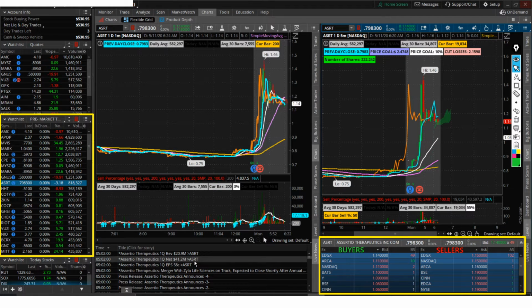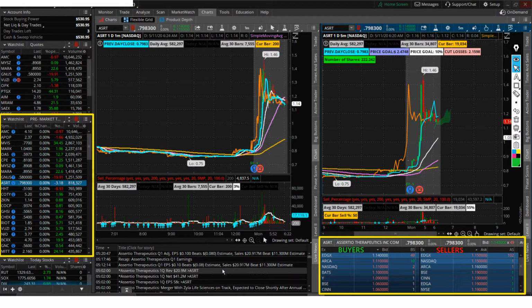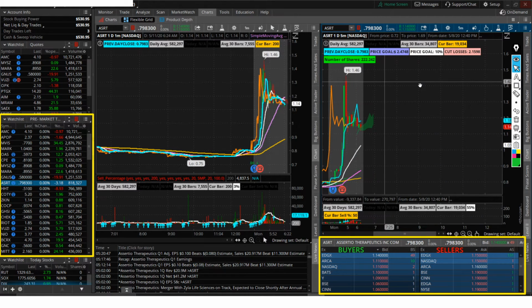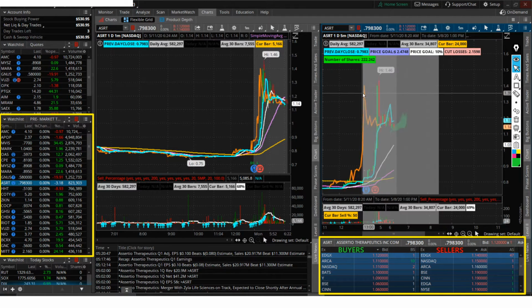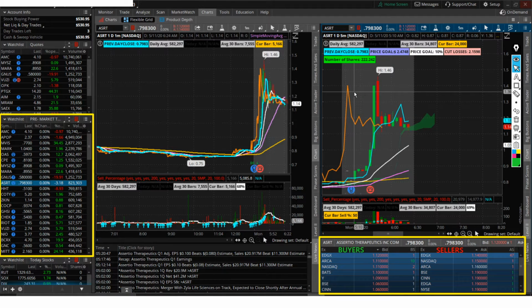They made a net of 41.2 million, revenue of 20.9, sales 20.91, beat 11.9 million estimate, which is good. So they definitely had some good sales. So this is a really good stock to keep an eye on as well.